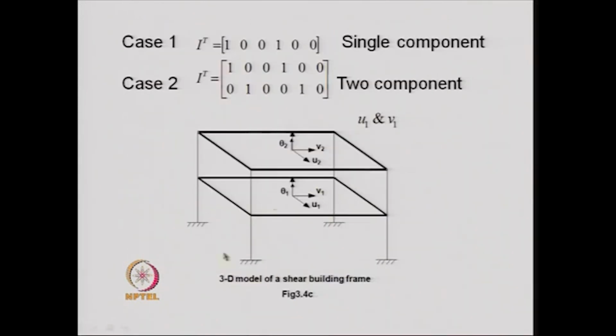Similarly, if we wish to write down the influence coefficient vector for this 3-dimensional frame, then for a single component earthquake, obviously, if the earthquake is in this direction, then we have 1 0 0. That means, at the center of the floor we have 3 degrees of freedom, 2 translation and 1 rotation about a vertical axis.